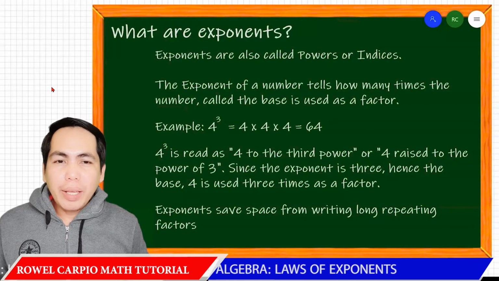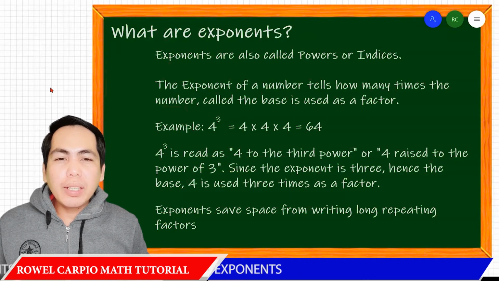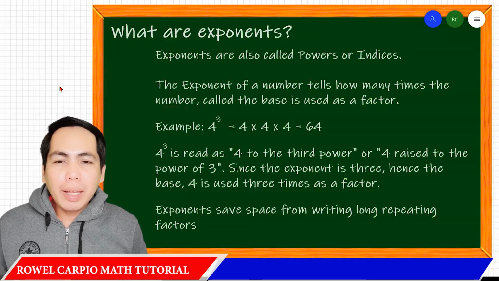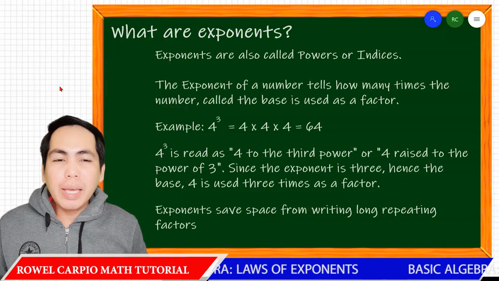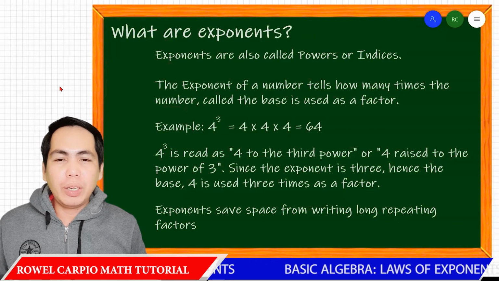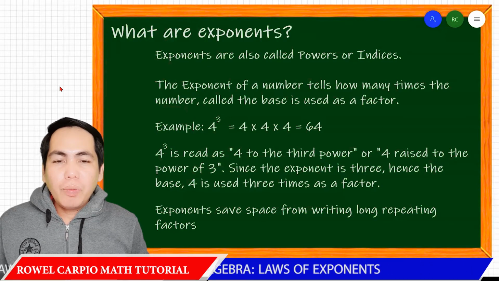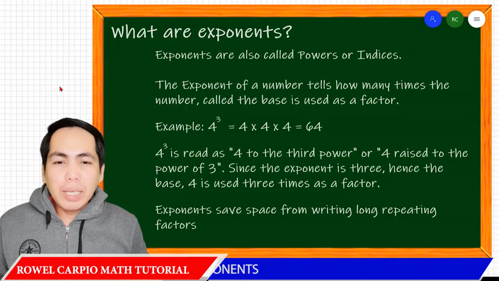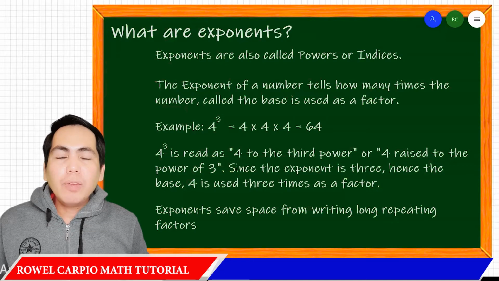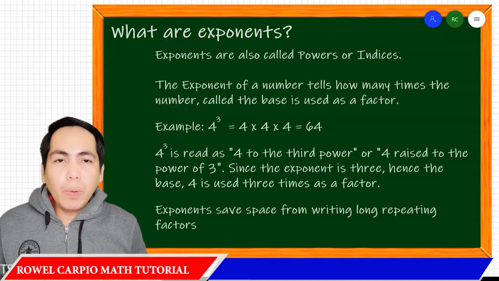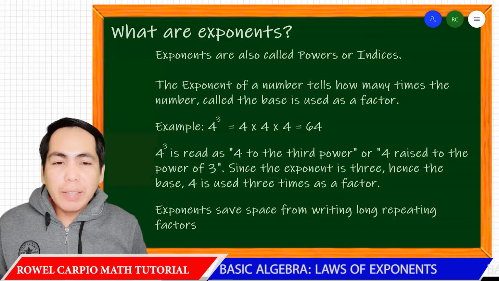What are exponents? Exponents are also called powers or indices. The exponent of a number tells how many times the number, called the base, is used as a factor. For example, 4 raised to the power of 3 is equal to 4 times 4 times 4, which is equal to 64.